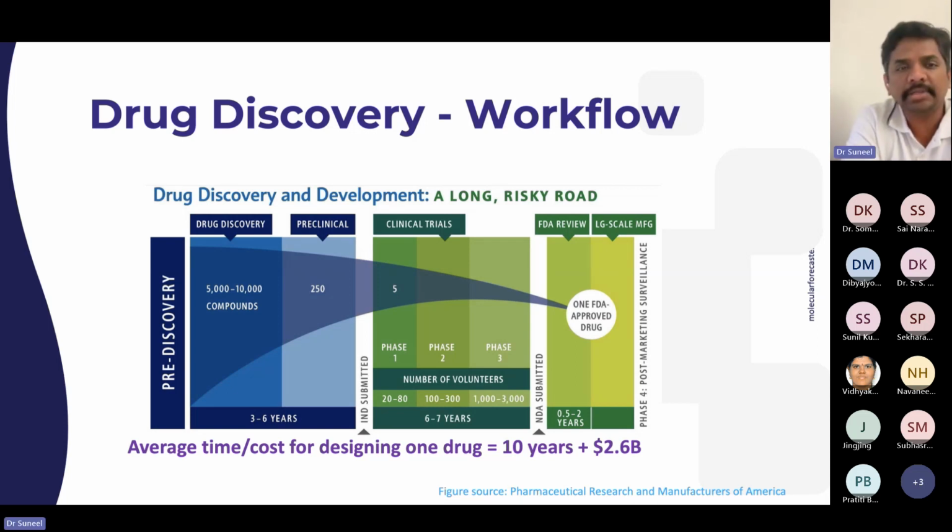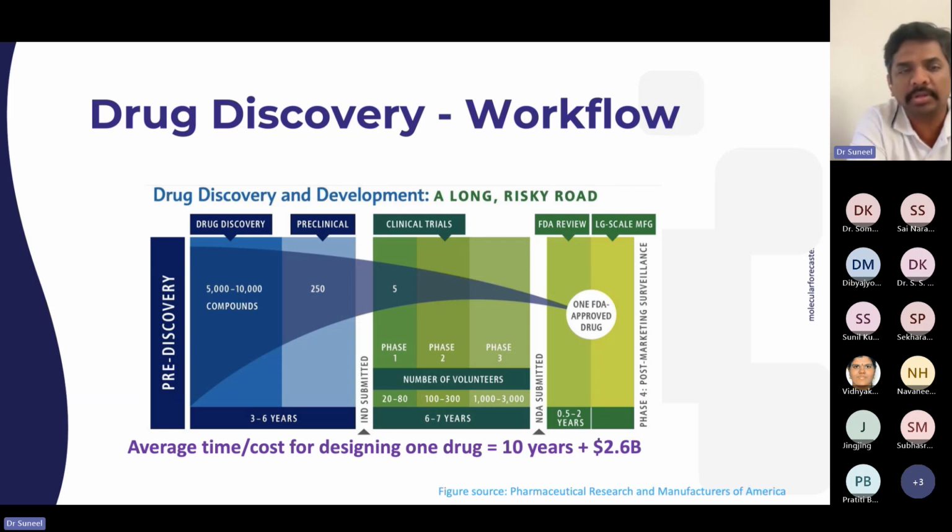Right. So let's start with a small introduction to the drug discovery workflow. Most of you are already aware of this workflow, maybe you know it better than me. The drug discovery cycle starts from basic discovery, understanding of the target, and then hit identification and optimization, lead discovery and lead optimization, and identifying the best candidate for further in vivo studies.